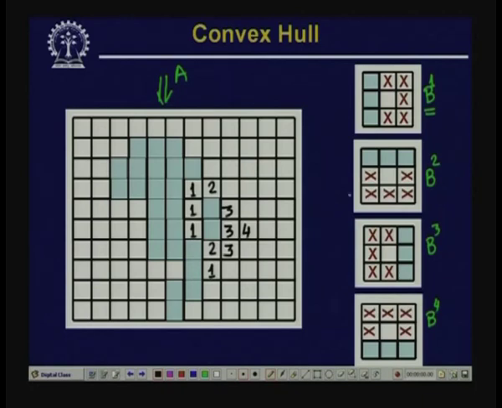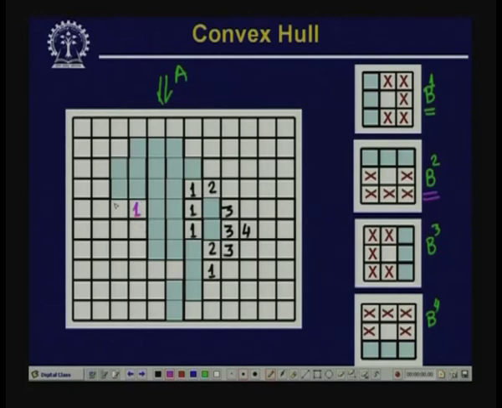when I perform the hit or miss transform of this same set A with respect to our structuring element B 2, then you find that at the end of the first iteration, this is the point which is going to be filled up. So, I represent B 2 with this pink color, the output of the hit or miss transform with this pink color.